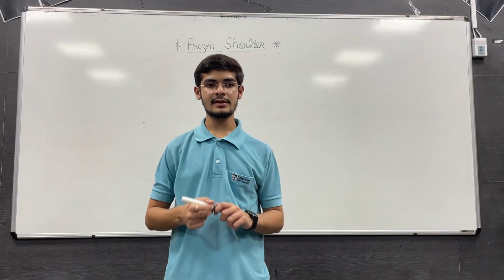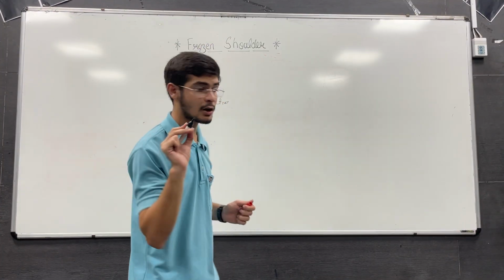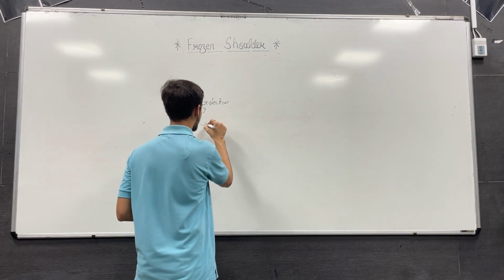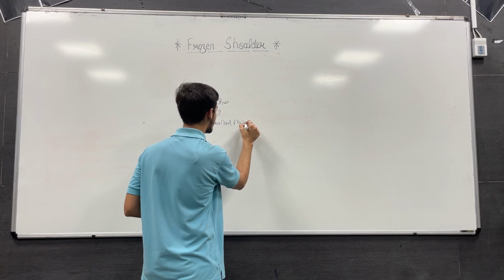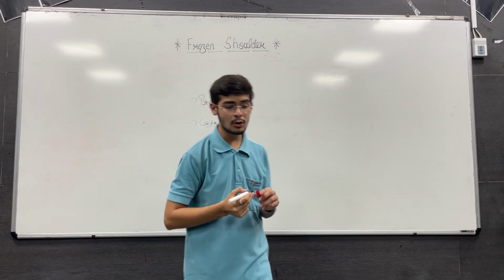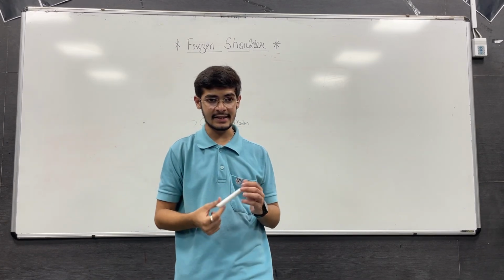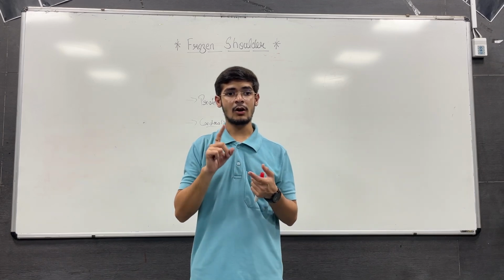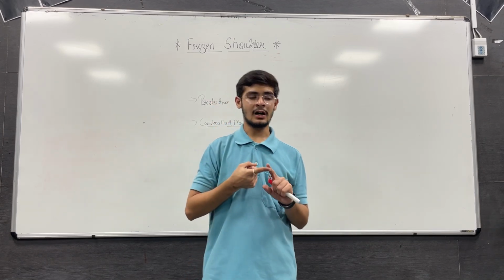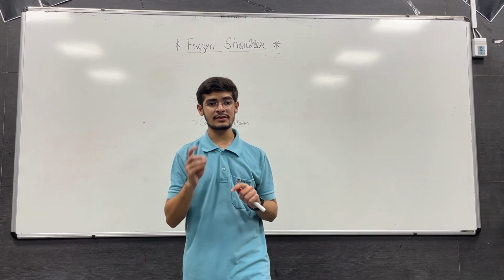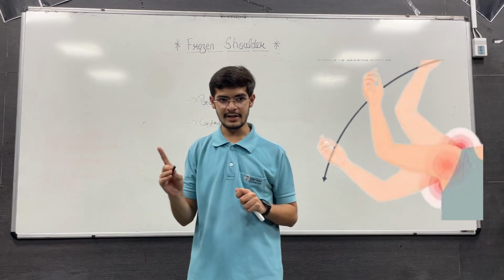The next phase in the management of the frozen shoulder is the controlled motion phase. In this phase, the first thing to do is to improve the range of motion. It is said that in this phase, each and every day, the range of motion should progressively increase. We should see some improvement in the ranges every day.